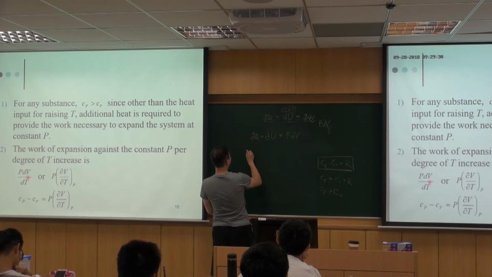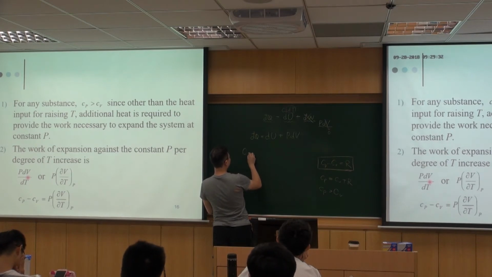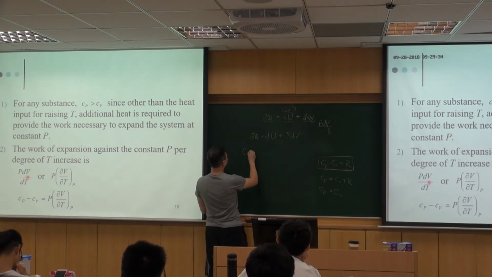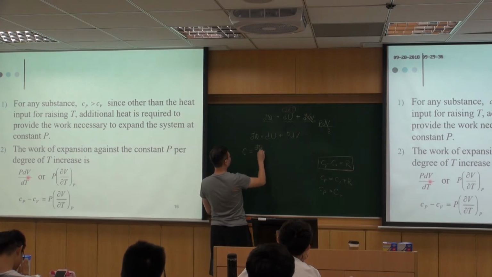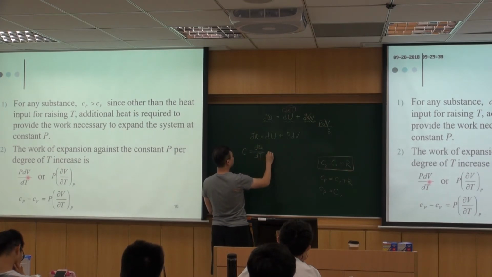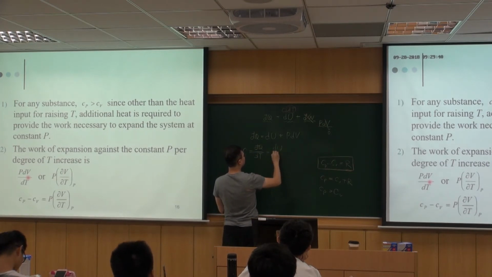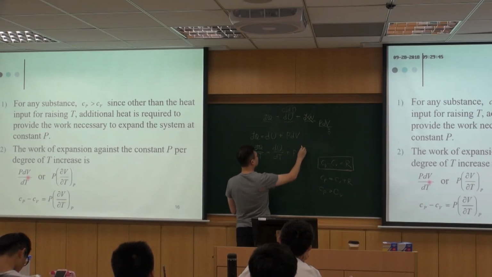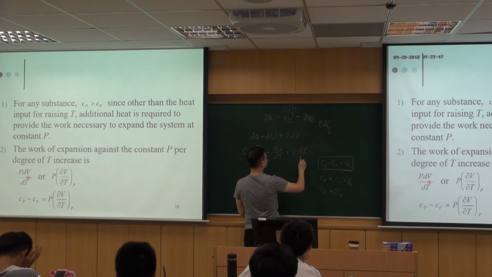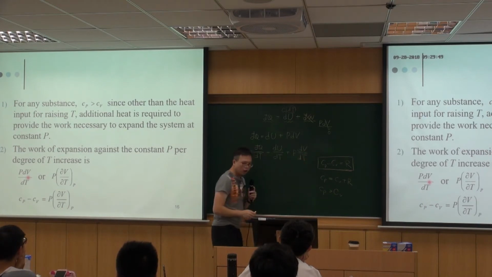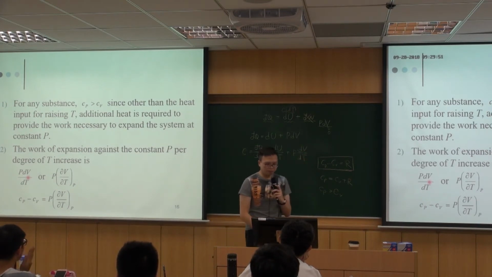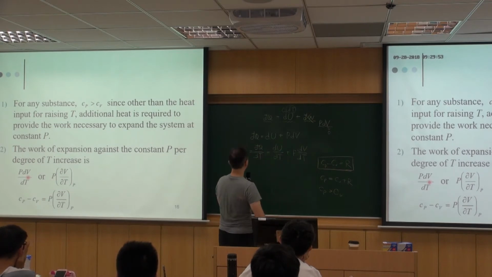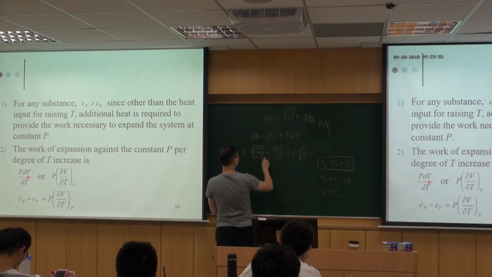And if we look at the definition of heat capacity, it is dq over dT. So it will be something like this. For constant volume, you have something like this, right?